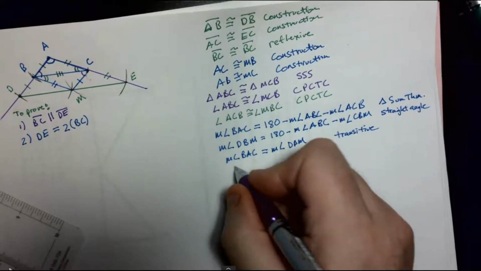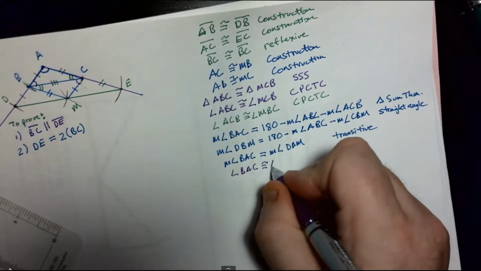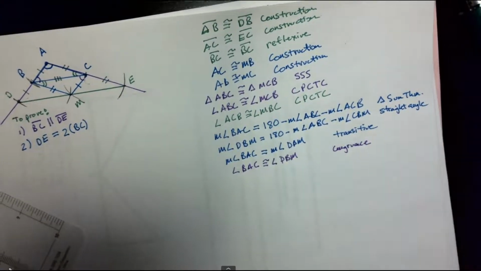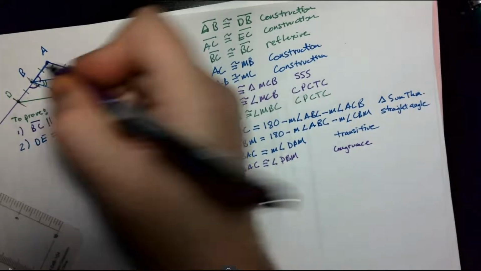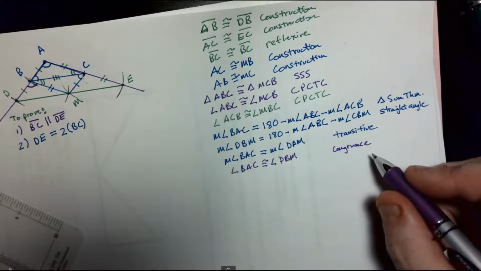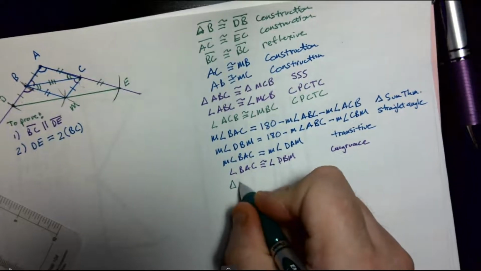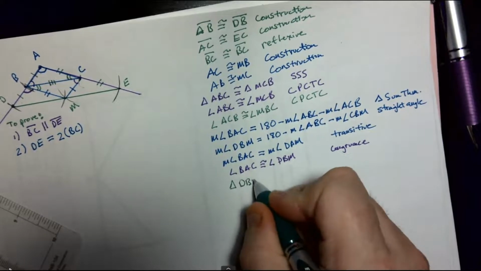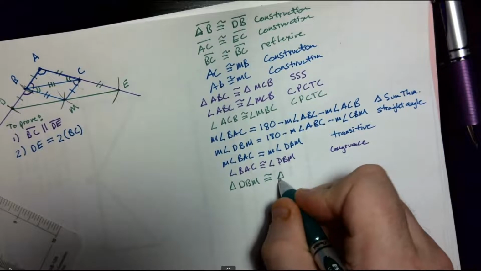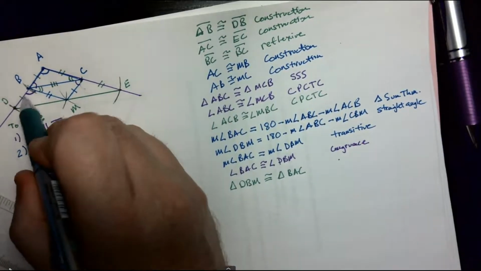And so therefore, angle BAC is congruent to angle DBM by the definition of congruence. So we've just shown that these two angles are congruent. And so we can now make the argument that triangle DBM is congruent to triangle ABC by side-angle-side.